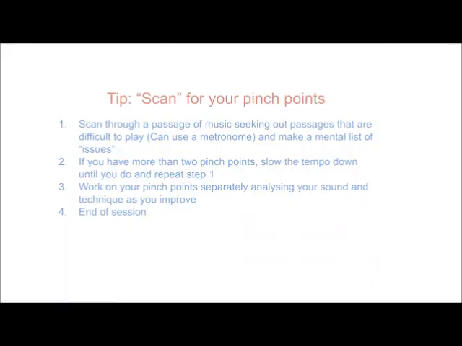Okay, good. Alrighty, and now the next thing is the pinch point scanning. So this is the tip to go through a score. You scan through a passage of music, looking for passages that are difficult to play. You can use a metronome at this point and make a small mental list of the issues that you've got. I would suggest keeping that quite short.